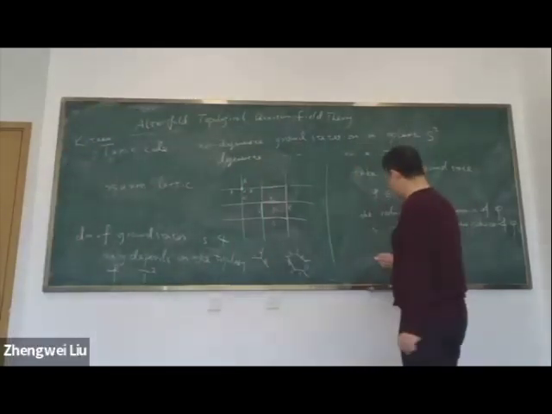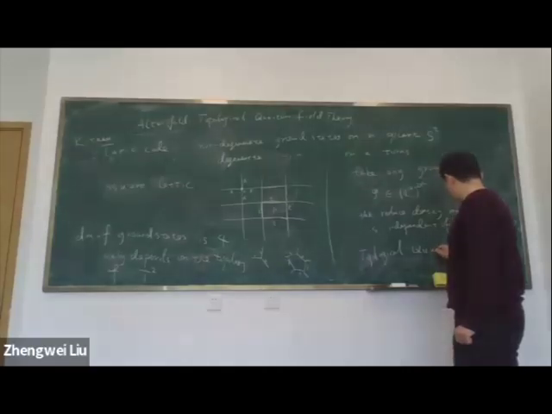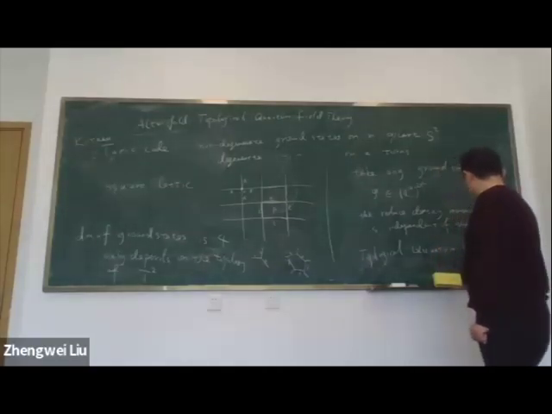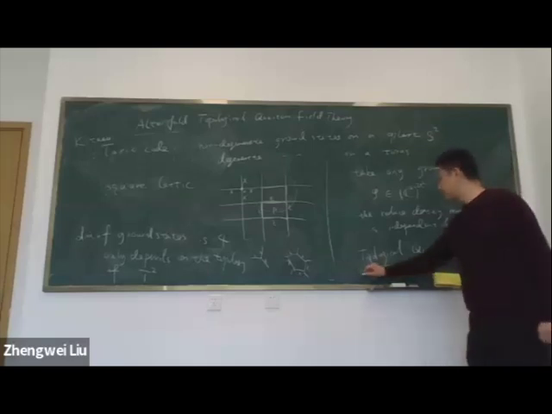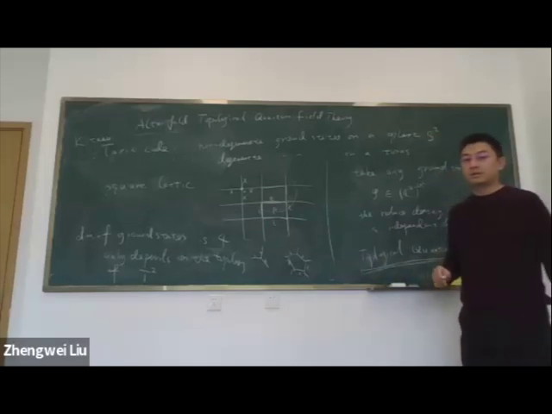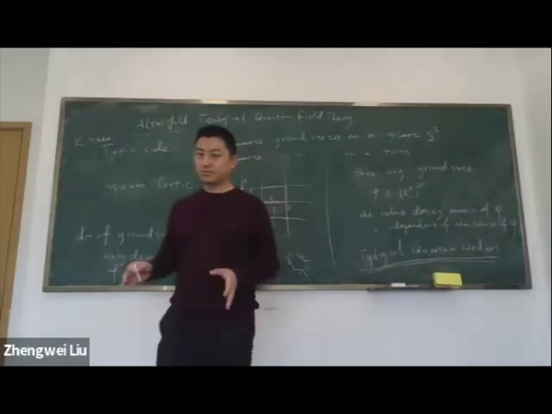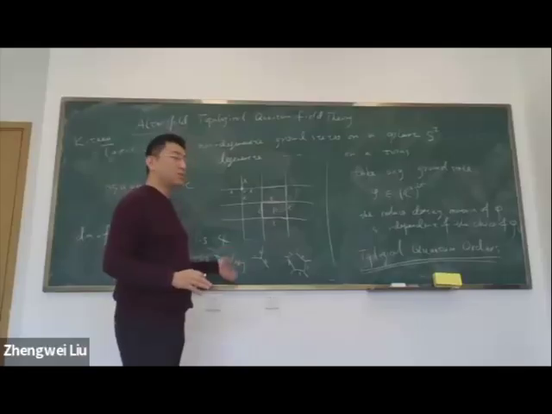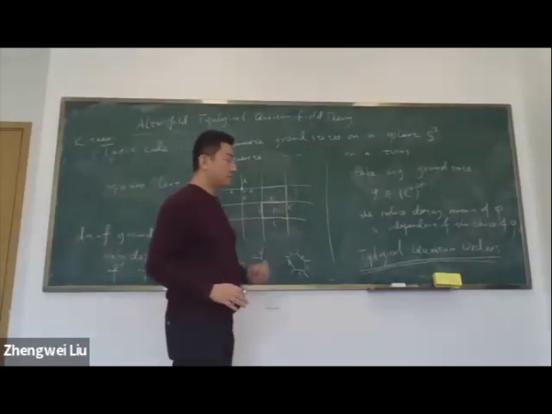And this is a property that now people call topological quantum models. Essentially, it's something that we cannot distinguish locally, but all those ground states are in the same order.